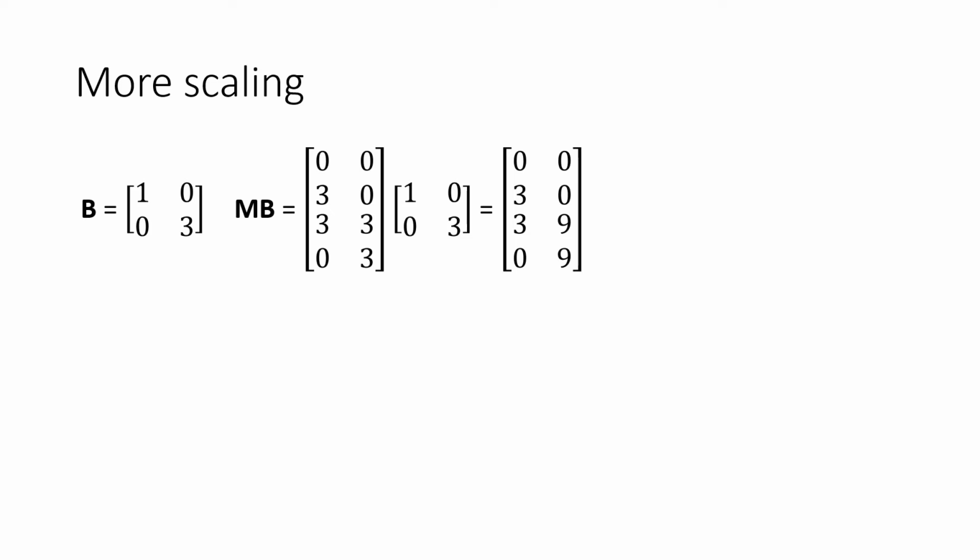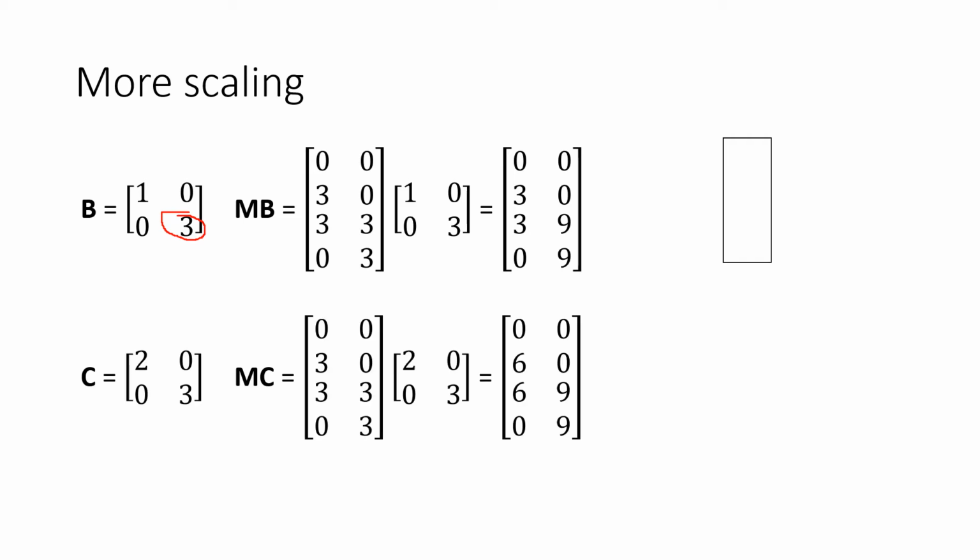If instead we had changed a value in the second column, in this case, we have the matrix B and we multiply M by B, we see that that affects the y coordinate rather than the x. And so the scaling happens to stretch the square upwards in the y direction.